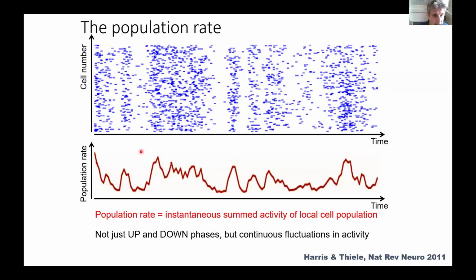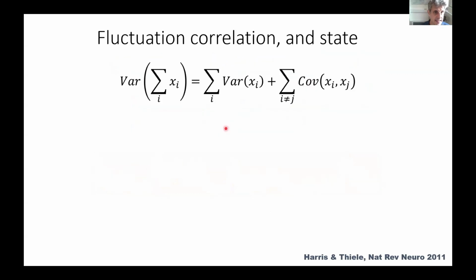But really, they're not binary. They're continuous fluctuations in activity, and the amount of fluctuation tells you about the correlation between neurons. This is a formula from probability theory: the variance of a sum is the sum of the variances of the variables plus the sum of the covariances of every pair.